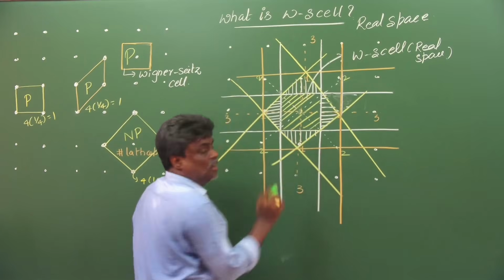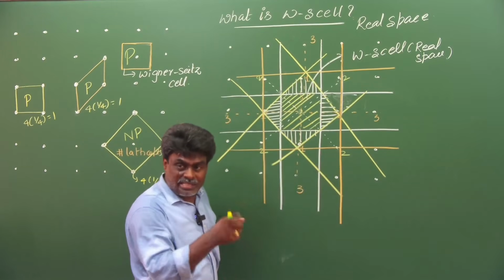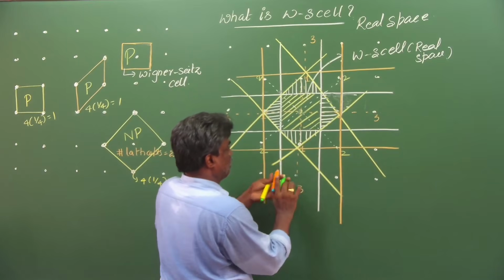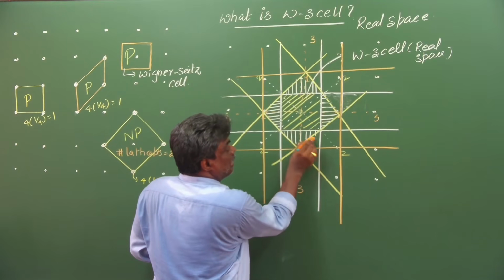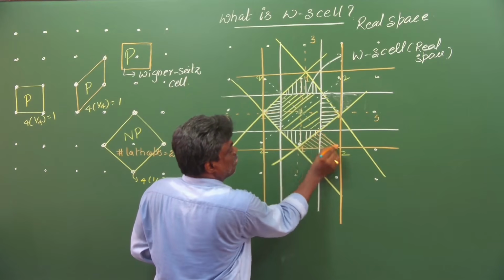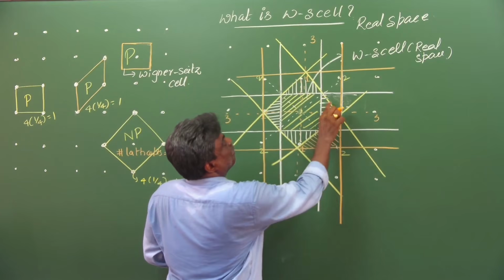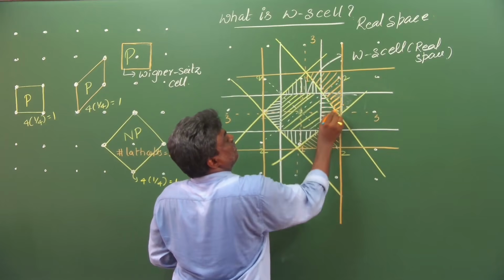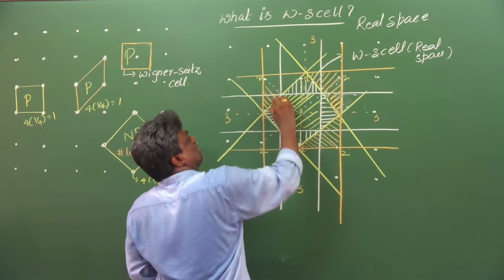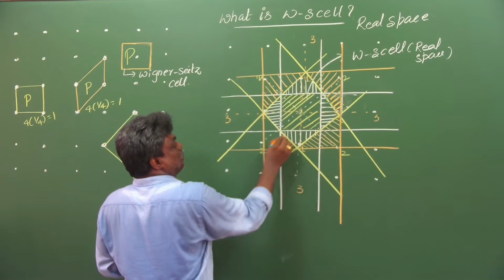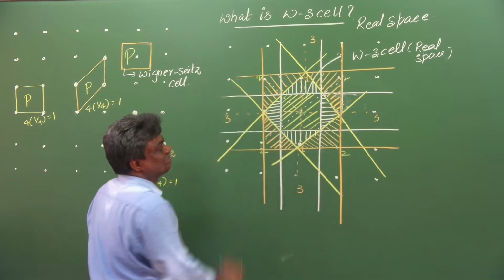The second Bragg plane is yellow, and that orange is the third one. Come on. Cross the yellow, don't cross the orange.